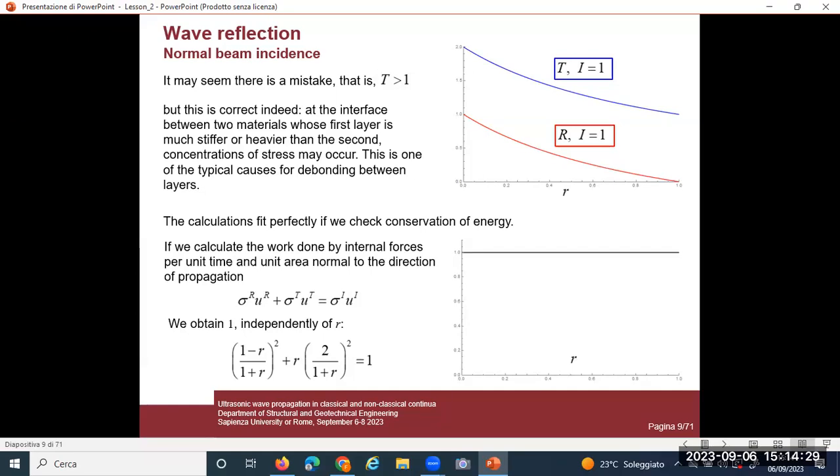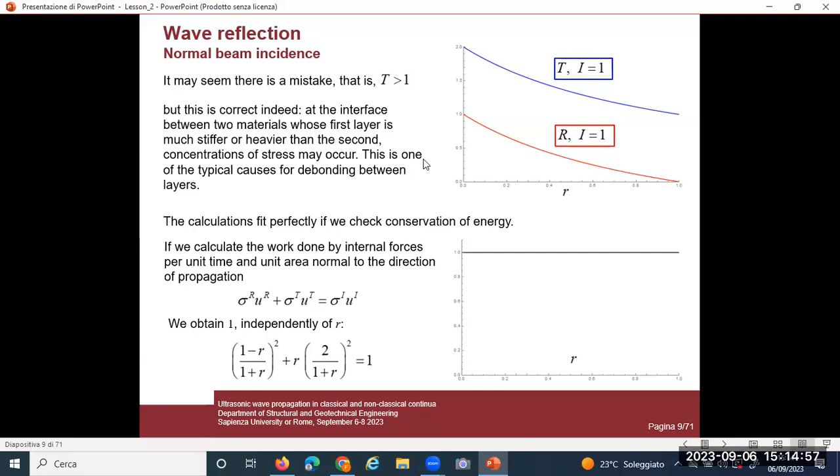In fact, this is not a mistake, because if you check out the work done by the internal forces per unit time and unit area, you obtain a relationship which is this one. Therefore, independently of R, you always obtain 1. So energy is actually conserved.